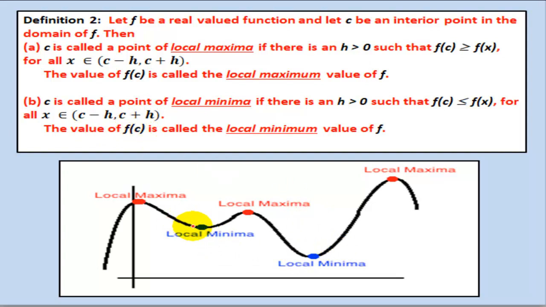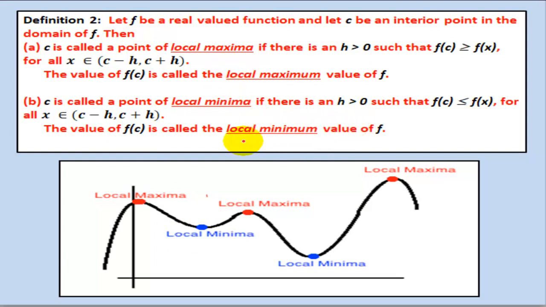As we move from the left neighborhood to the right neighborhood of this point, say this point is c again, whatever points you see on the left or right neighborhood, the value of the function at those points, that is f(x), is greater than the value of the function at c. So if this is happening, you can quickly make out it is a point of local minima, and the value of the function at c is called the local minimum value.